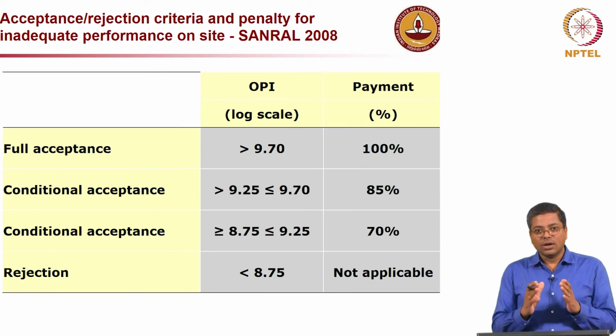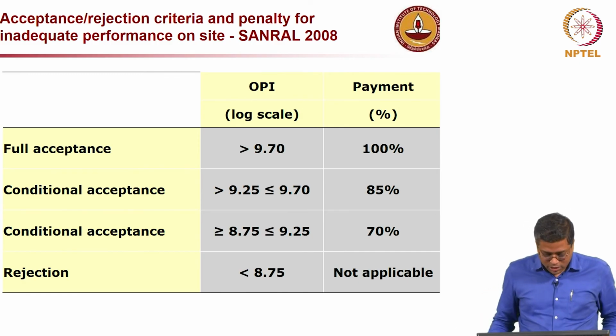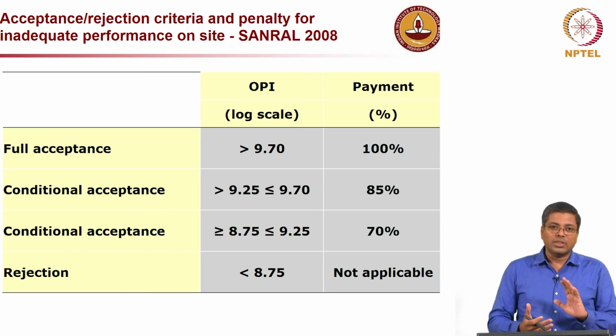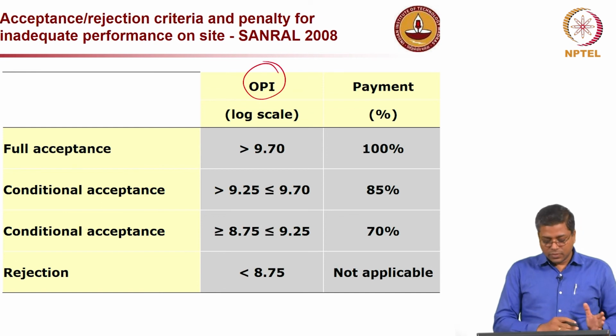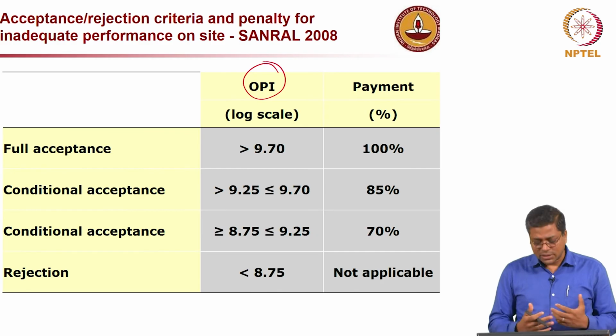When you give a contract document, whether for new construction or a repair project, you include some criteria. This is an example with an oxygen permeability index criterion, but you can develop similar criteria based on other tests also.